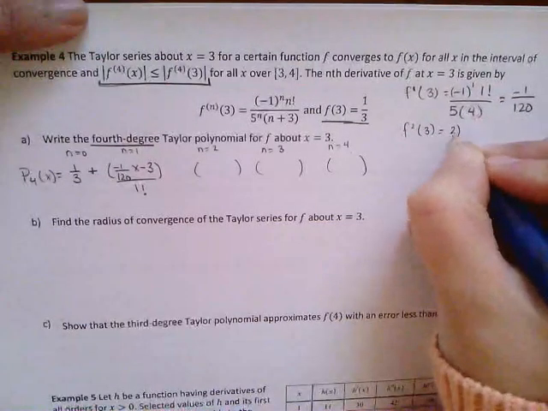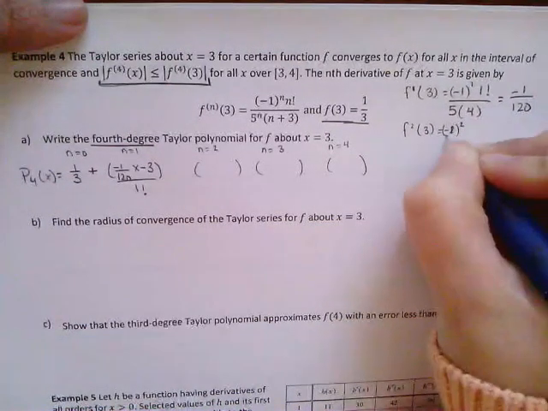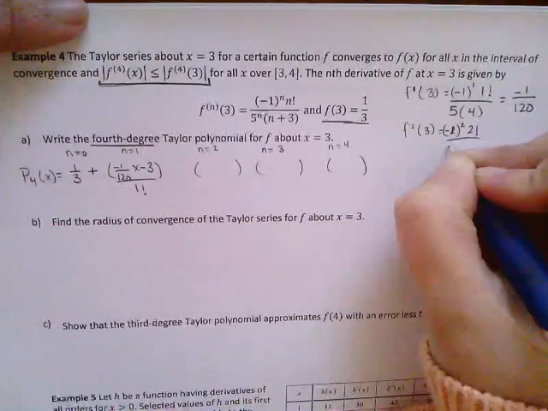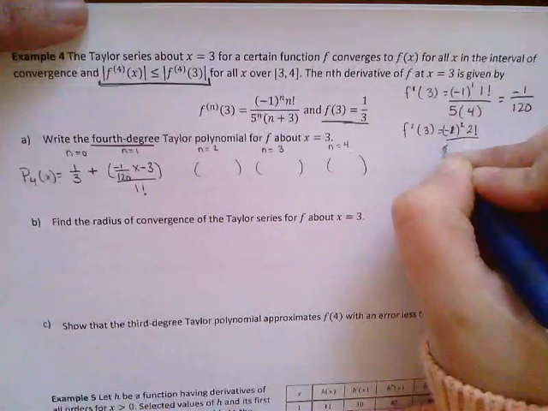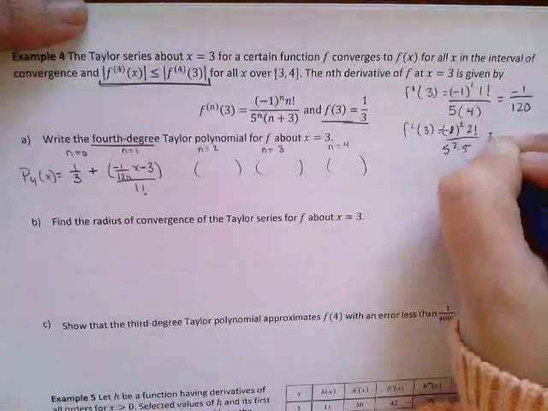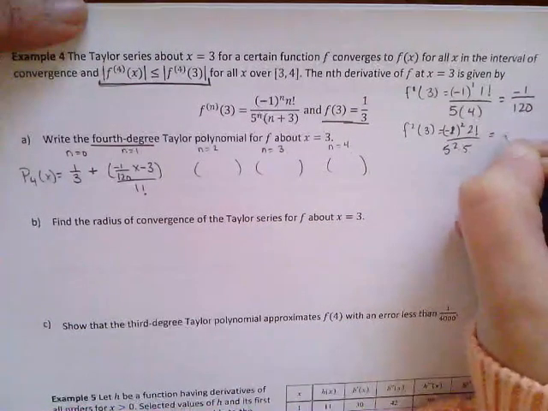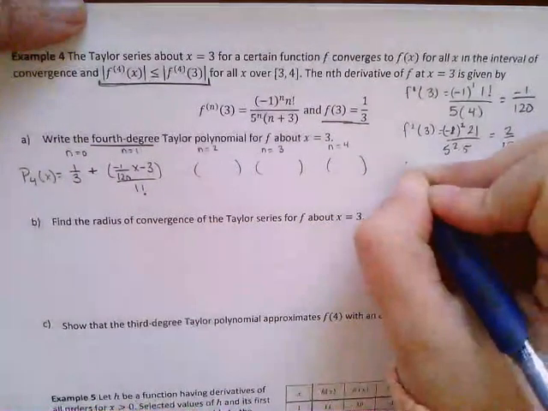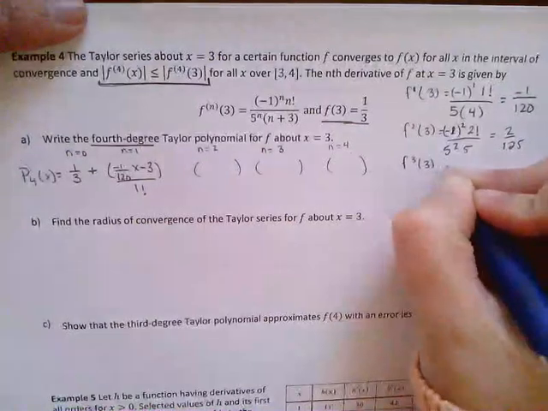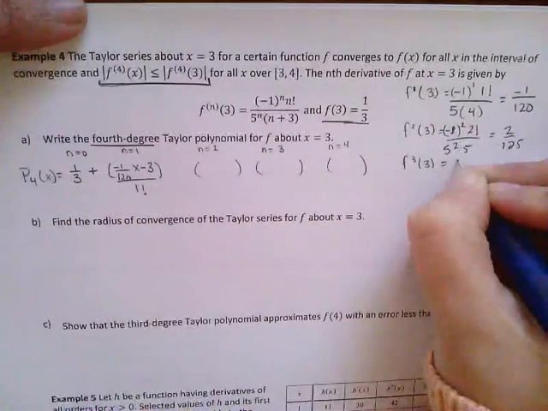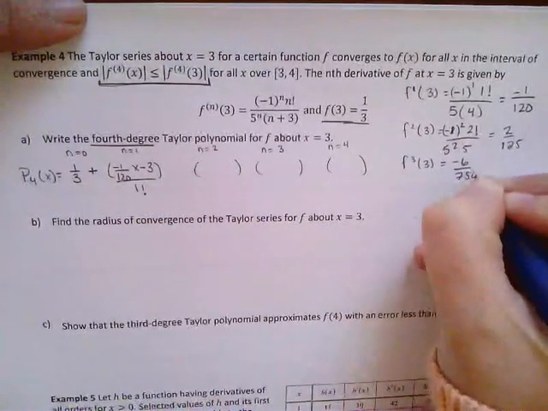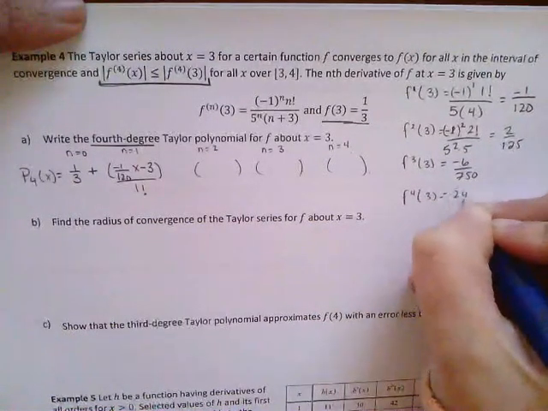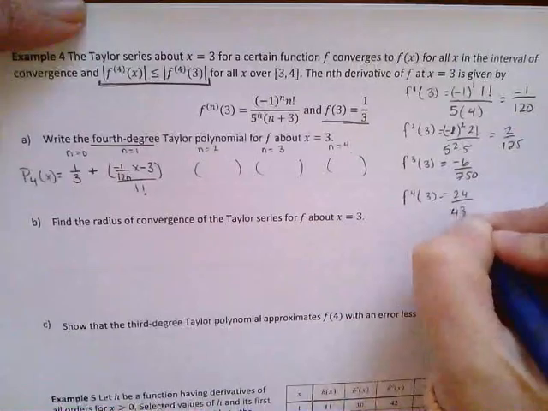So it's -1 squared times 2 factorial over 5 squared times 5. Once we do the math, we get 2 over 125. Let's do it for all of them. F3 of 3, when you do the same thing, you get -6 over 750. When you do it for f4 of 3, you get 24 over 4,375.